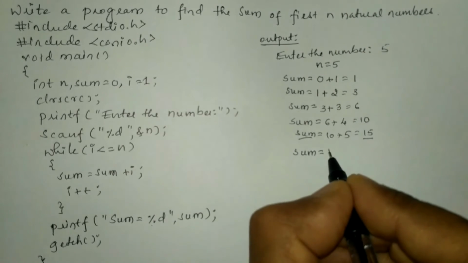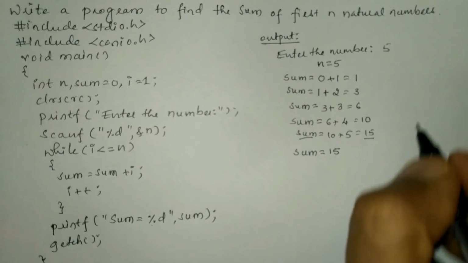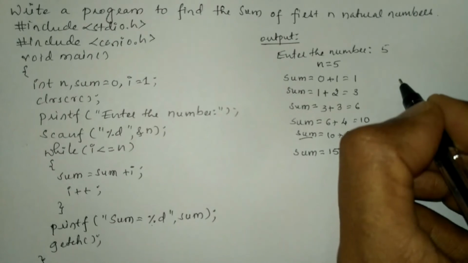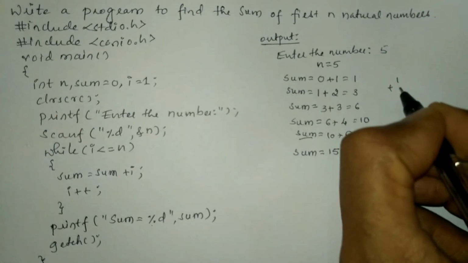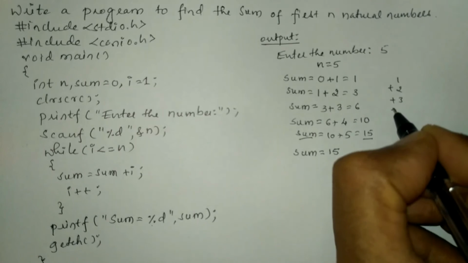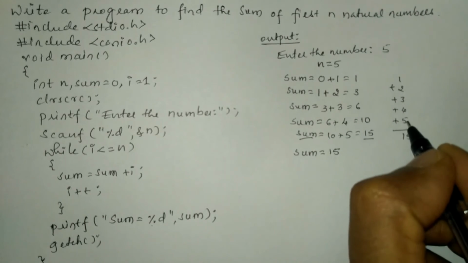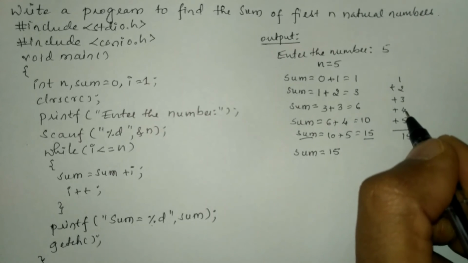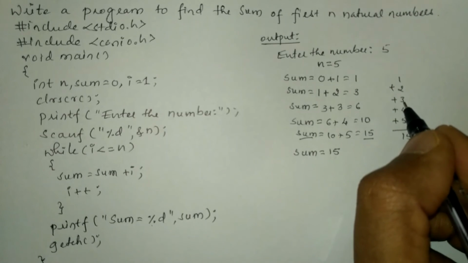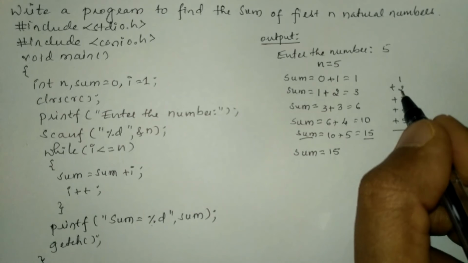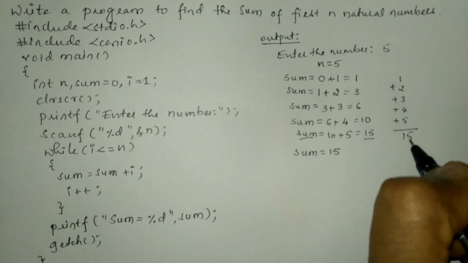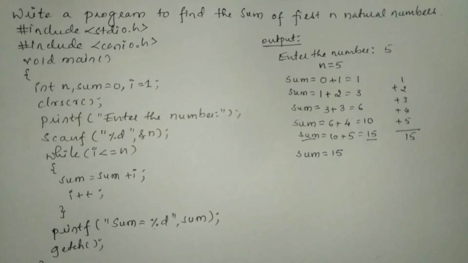So sum is equal to 15 will be printed. Here you can also calculate manually: 1 plus 2 plus 3 plus 4 plus 5 gives us 15. So you can see 5 plus 4 is 9, 9 plus 3 is 12, 12 plus 2 is 14, 14 plus 1 is 15.